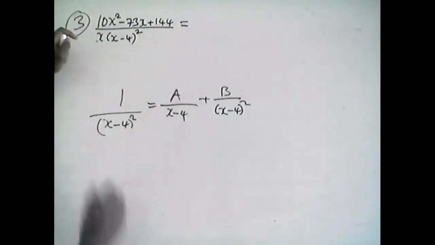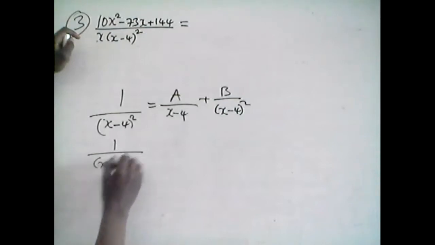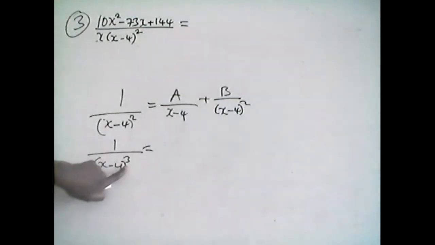But if it was x minus 4 raised to the power 3, we would have started with the power 1, the power 2, up to the power 3. That's where it would have ended.